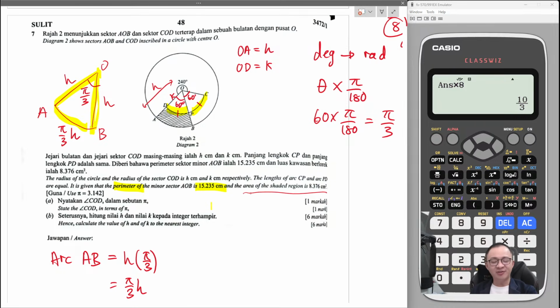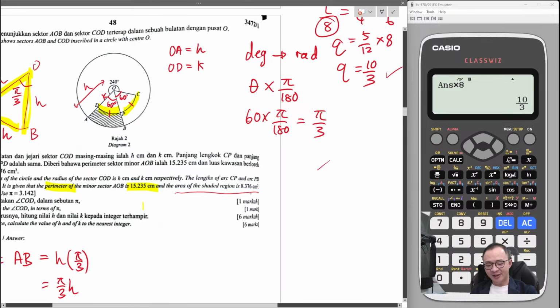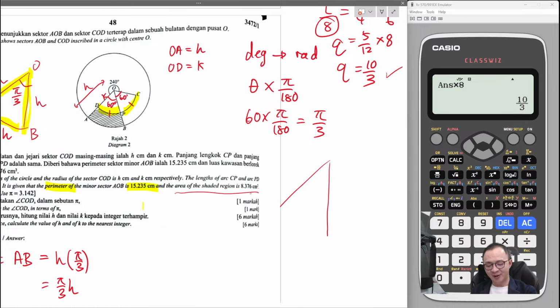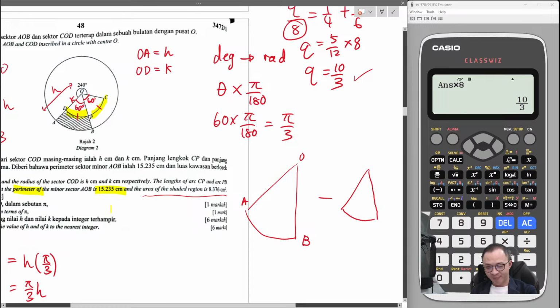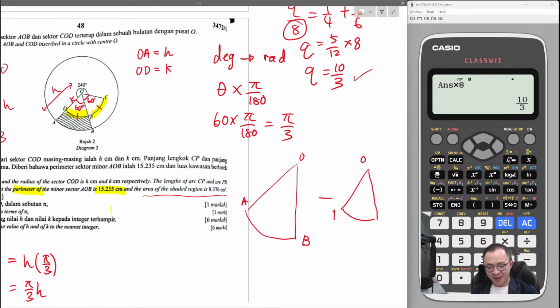Area of shaded region is 8.376. So to get the area of the shaded region, I need to use the big sector OAB minus the small sector, which is ODP, so that I can get this shaded region.